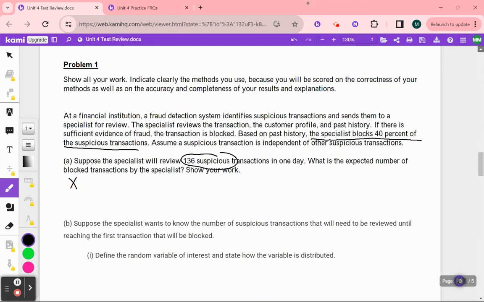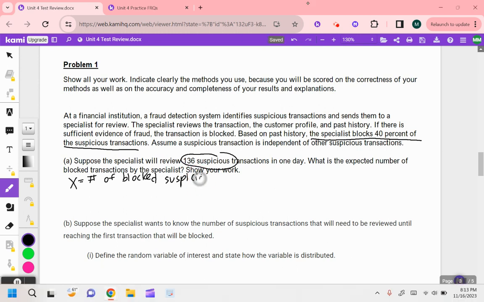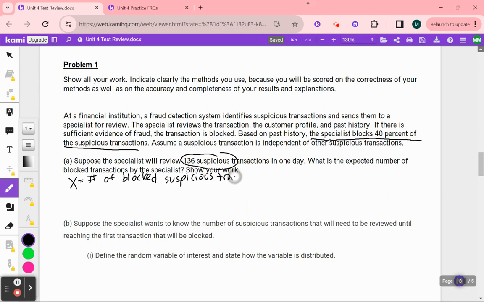Let X equal the number of blocked suspicious transactions in a batch of 136.